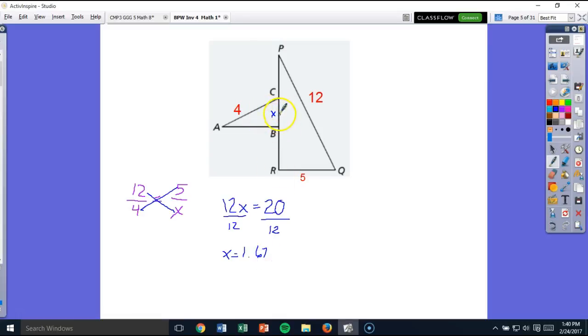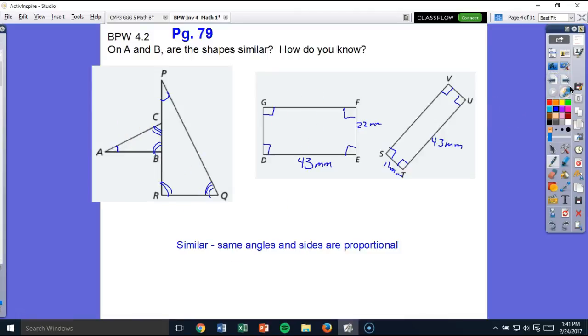So the length of x would be 1.67. And that's how we check similarities, and then we should be able to actually grab our ruler or whatever unit of measure we're using and be able to measure that and see that it is actually similar.